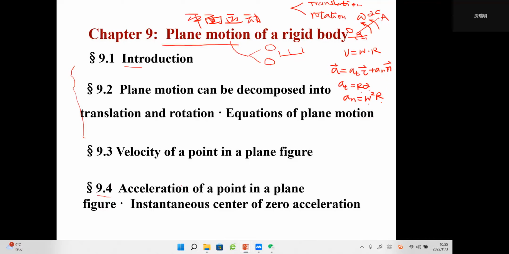And the good news is when we talk about the acceleration, here we do not need to consider 科里奥利 or 柯氏加速度, because our transport motion here in this whole chapter will always be translation. So that's all for the whole chapter.